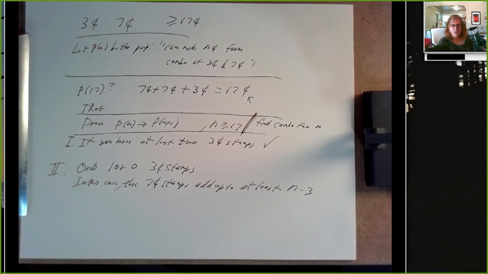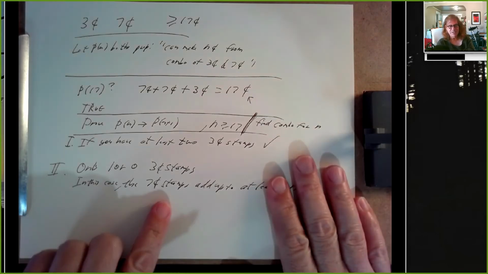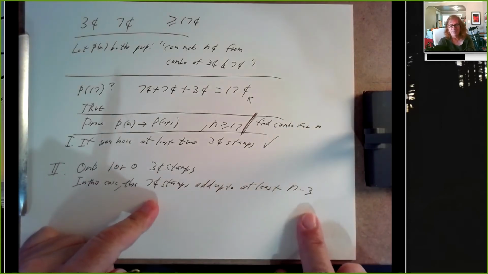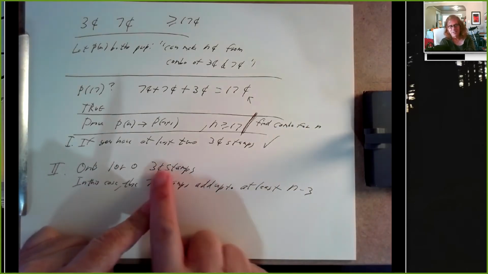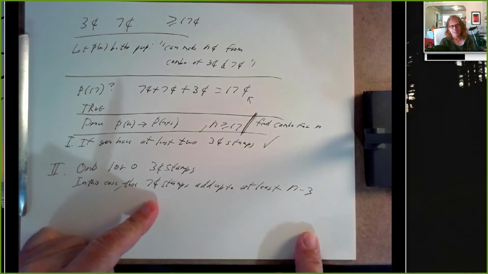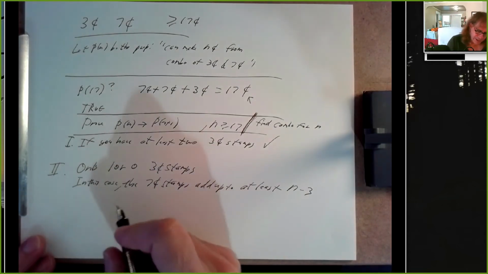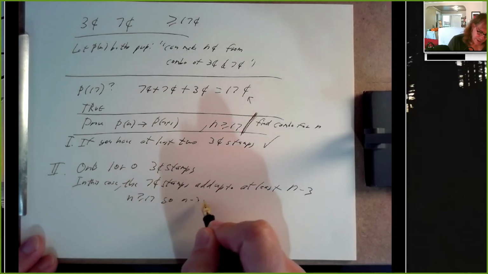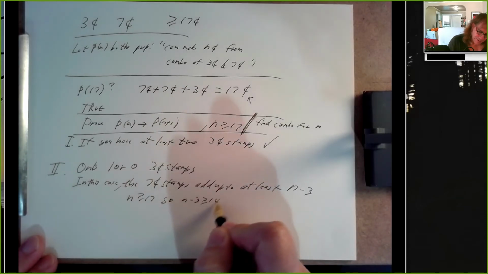If there's no 3-cent stamps at all, then our 7-cent stamps must add up to n. If there's 1 3-cent stamp, our 7-cent stamps add up to n minus 3. And then adding the 3 cent brings us to n. Well, n is bigger than or equal to 17, so n minus 3 is bigger than or equal to 14.